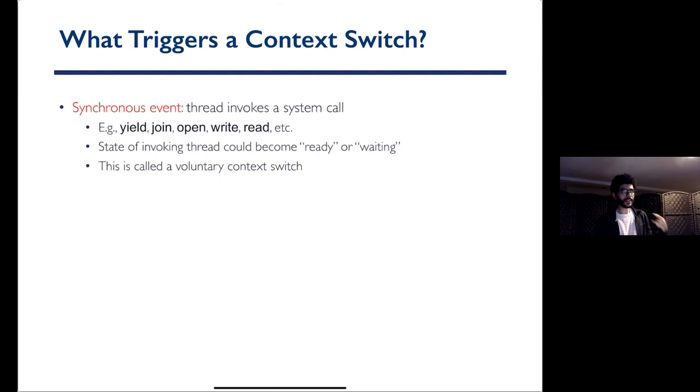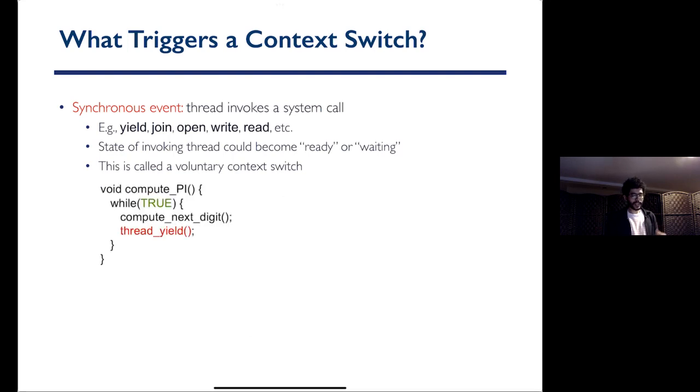When you call a system call, you might get blocked. Let's say you want to read a file and the file has to come from SSD to memory, and that takes time. So you're going to get blocked, or go to waiting. Because of that, the operating system wants to context switch to another thread, because it's wasteful to stay with you when you cannot do anything. This is a synchronous event that leads to a context switch.